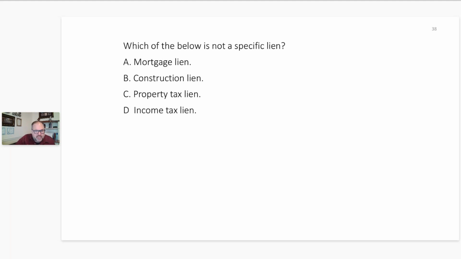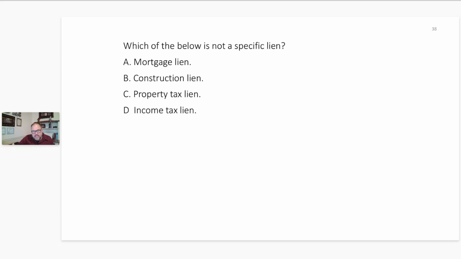What are we saying by specific? Specific to one property, not multiple, a specific property. So a mortgage only goes to one property, specific. A construction lien or a mechanic's lien, again, the work was done on one property. Put a swimming pool in, put a roof on, whatever, it's one property. Property tax lien, one property, specific.